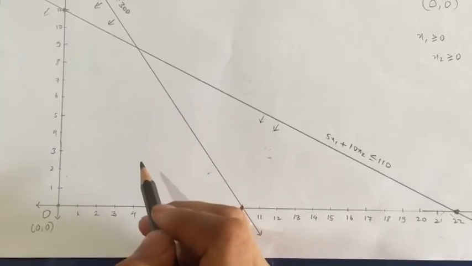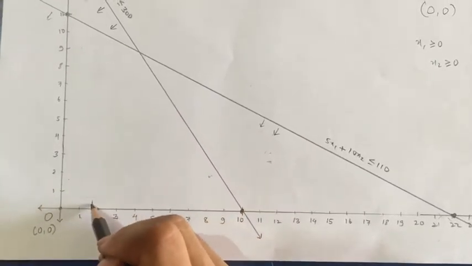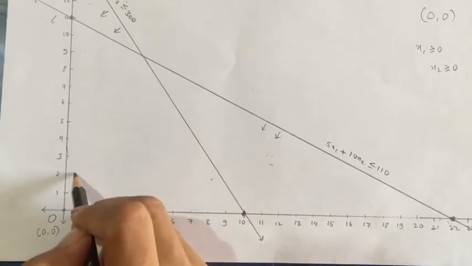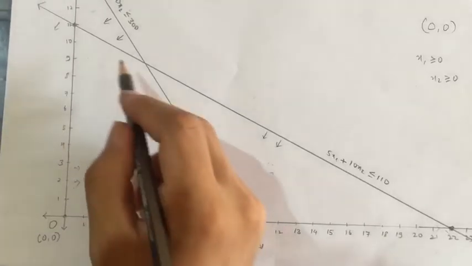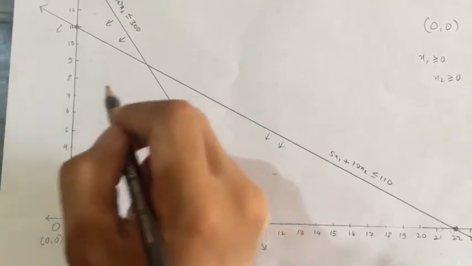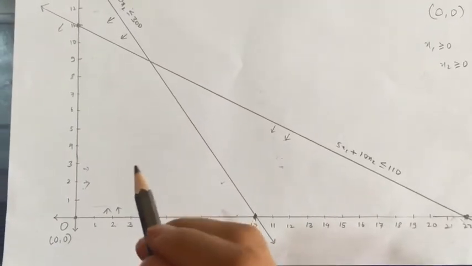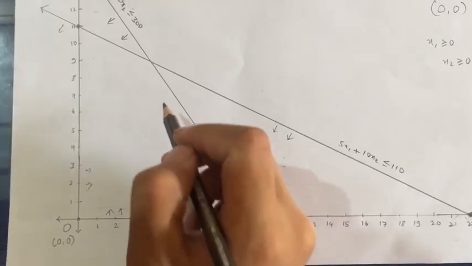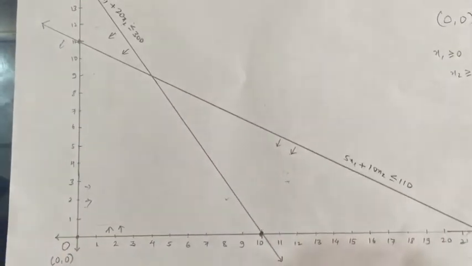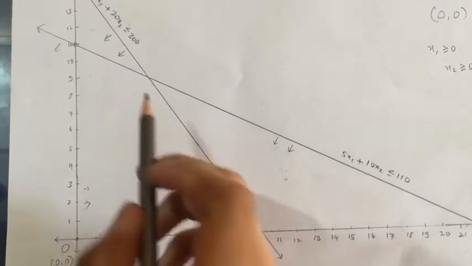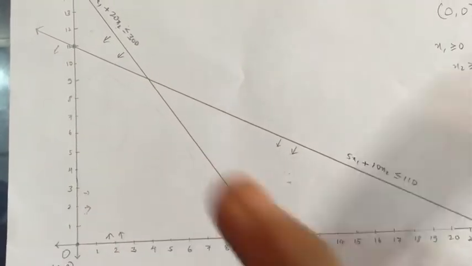So this region will be the common region. This region is also called the feasible region in LPP. Feasible region means the region where the solution lies. So we'll be shading this whole region as the feasible region.